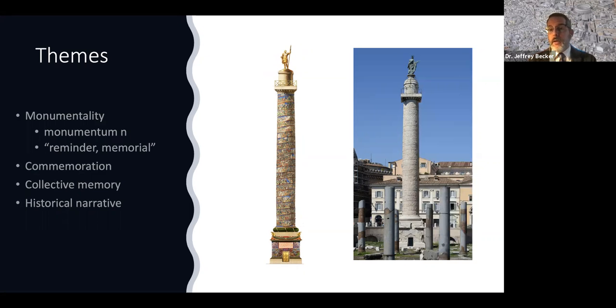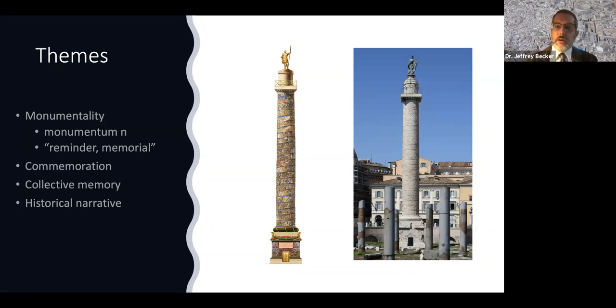Oftentimes, in my own teaching, I'm interested in dissecting with students what exactly monumentality means and how monumentalization works and why, as a species, we tend to do it and why we tend to be attracted towards monumental forms. Monumentum in Latin is a reminder, a calling to mind. In essence, that noun comes from a verb meaning to warn about something, to call to mind, to advise. And so there's always this ominous, portentous layer to something that is monumental.